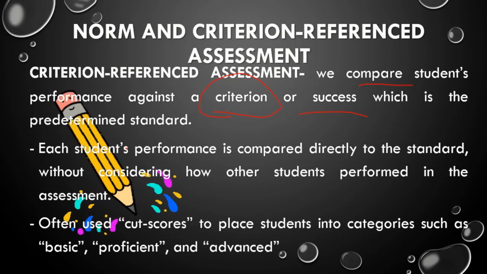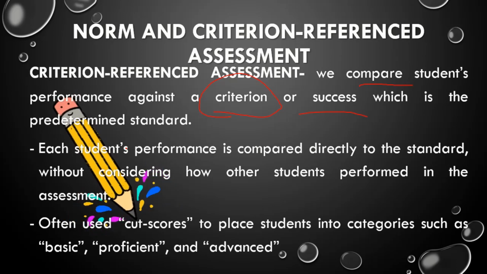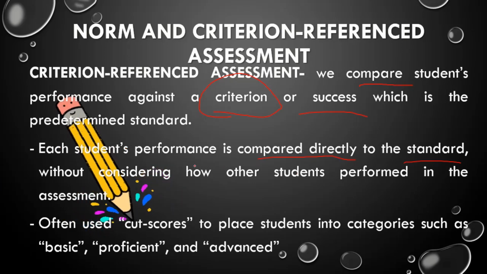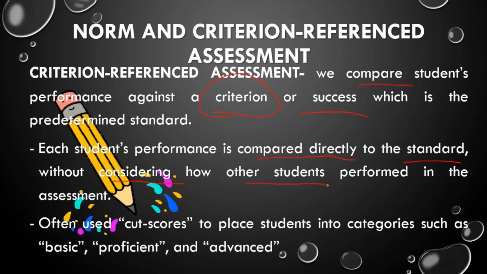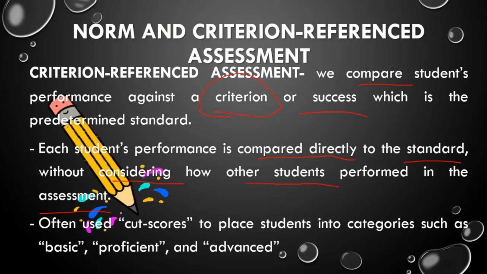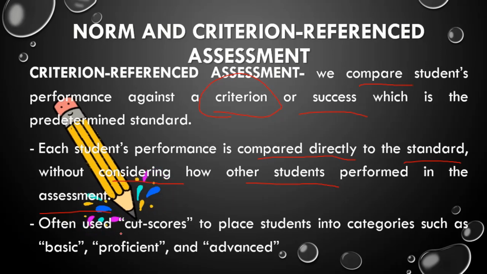With a criterion reference test, each student's performance is compared directly to the standard without considering how other students perform in the assessment. The criterion reference assessment often uses cut scores to place students into categories such as basic, proficient, and advanced.